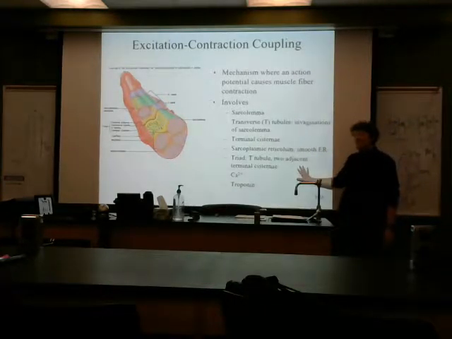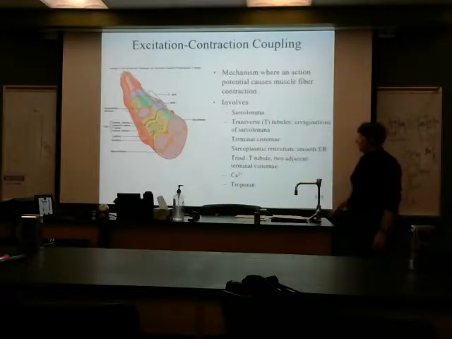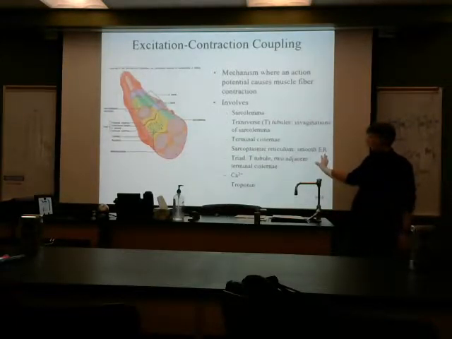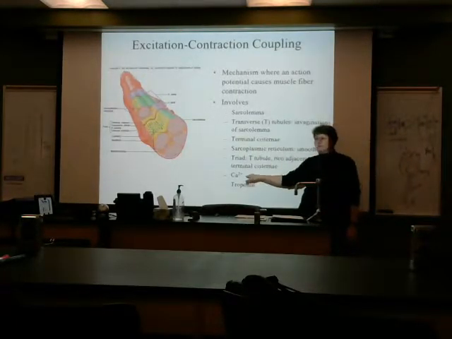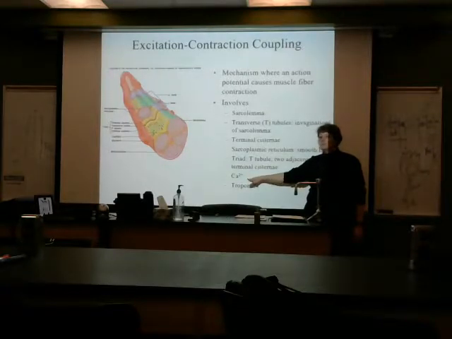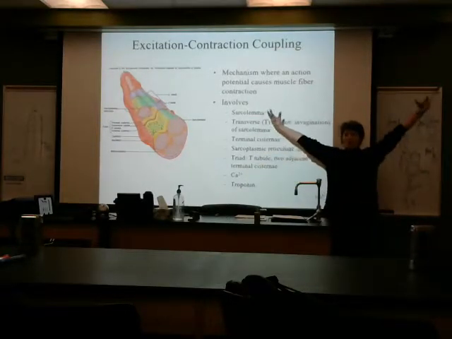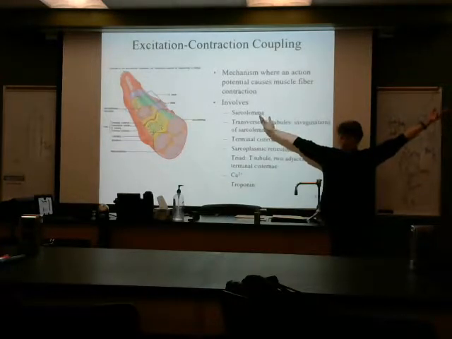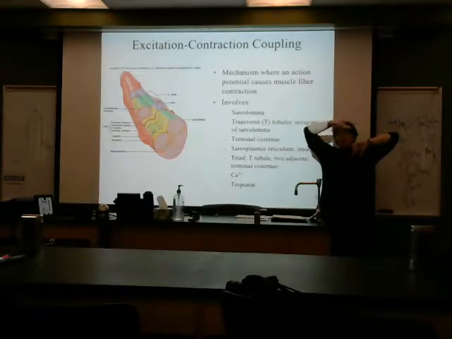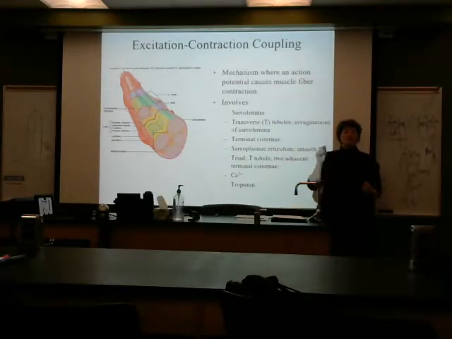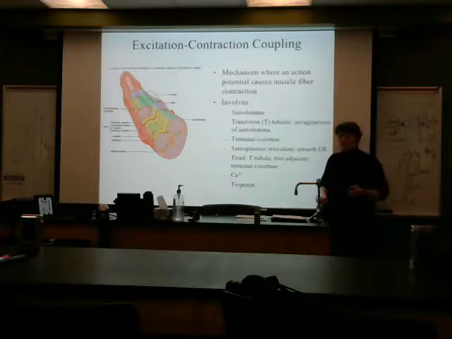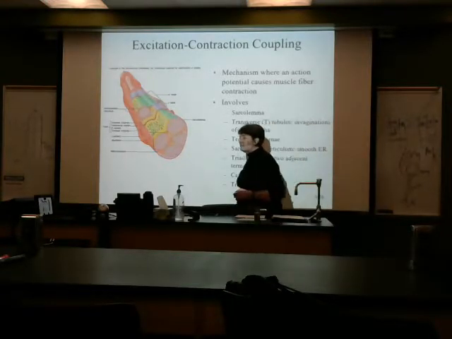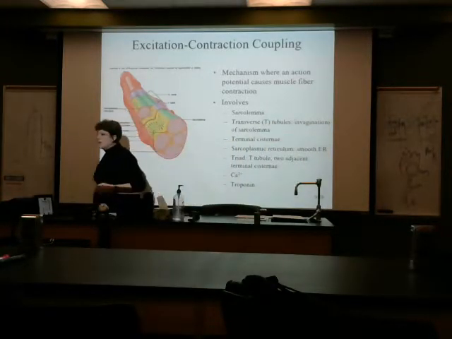When we get this coming together and it affects that sarcoplasmic reticulum, this means calcium is released. So all of that activity, starting with that nerve, comes down to the point of that sarcoplasmic reticulum and the release of the calcium.